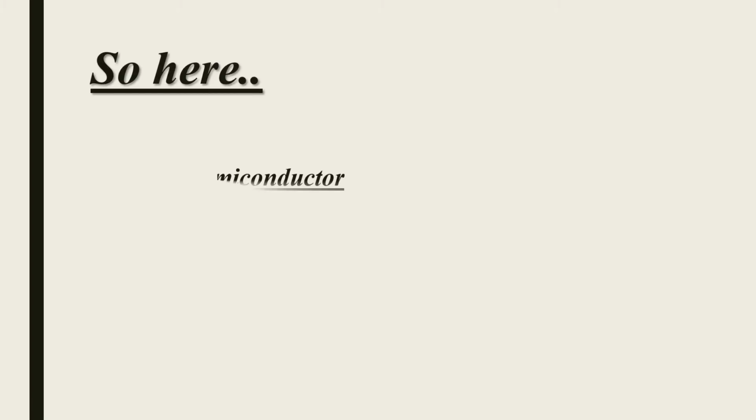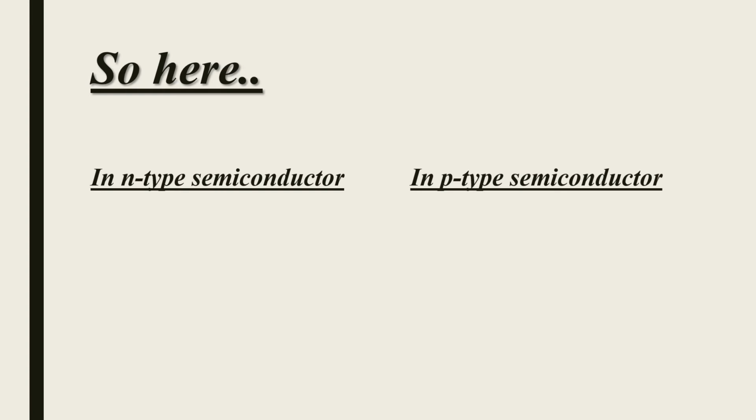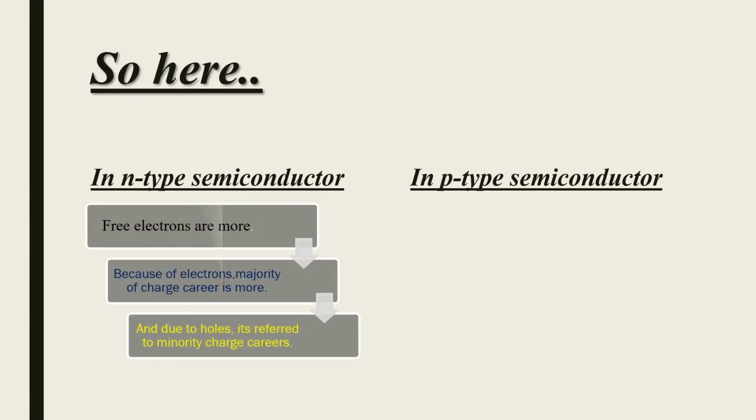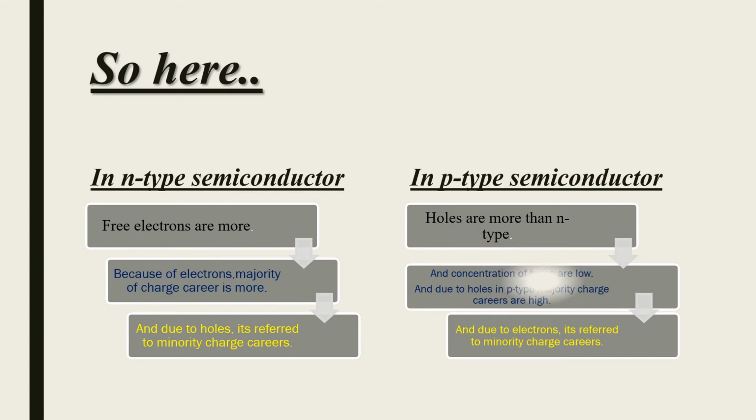So here I will discuss N type semiconductor and P type semiconductor. Okay, so here are some differences between these. I already told you that in N type, free electrons are more than in P type, and in P type, holes are more than in N type.